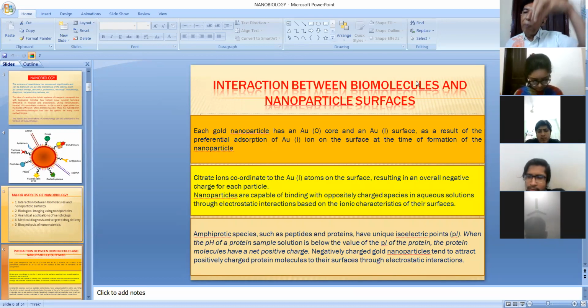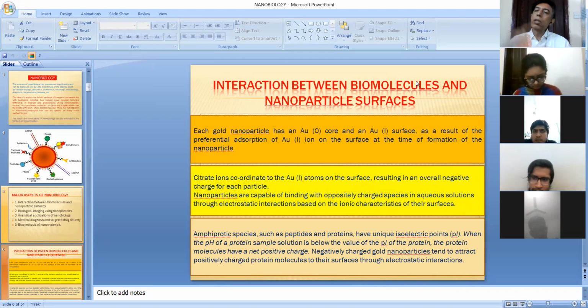And if I place that gold citrate nanoparticle in a protein solution which has pH below the isoelectric point, then the proteins will be positively charged, and the protein will attract the gold citrate complex.